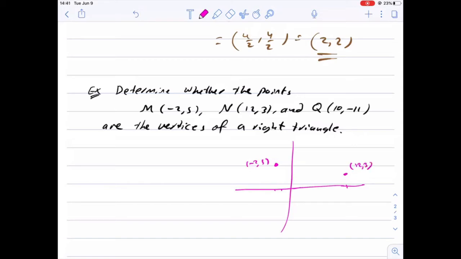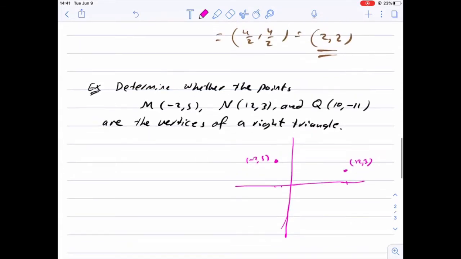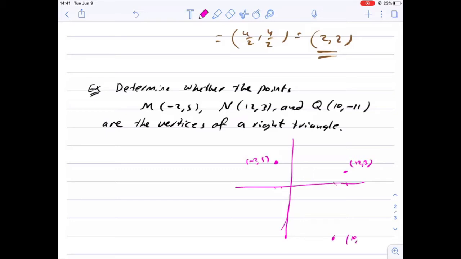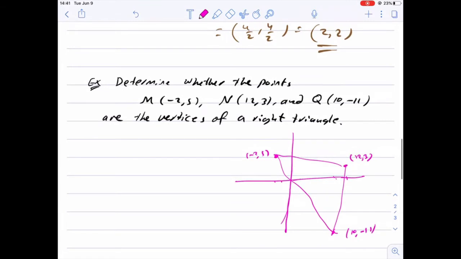This need not be accurate because we will not rely on the locations of these points, but rather on the computation. (10, -11), let's say it's here. Now we have a triangle.